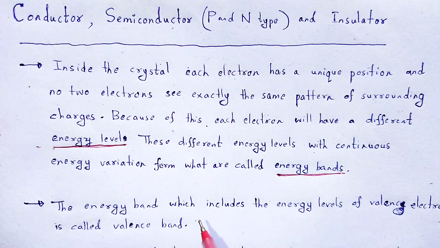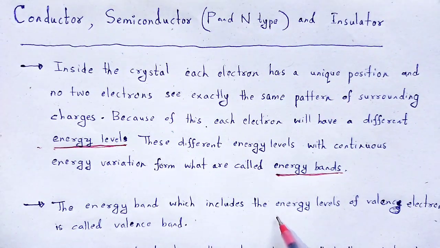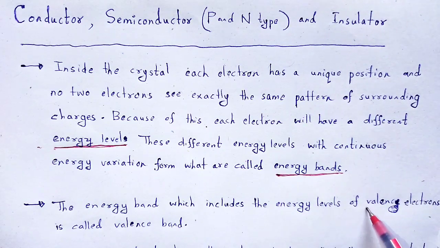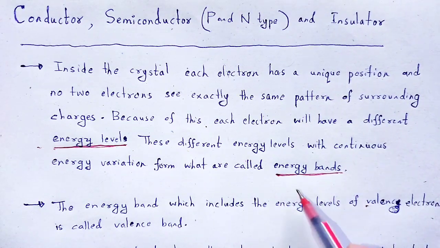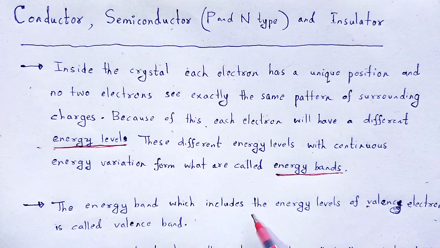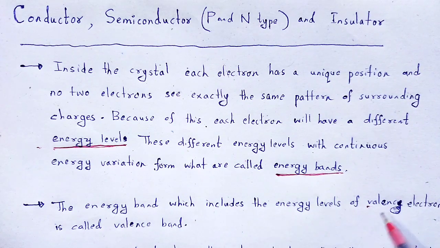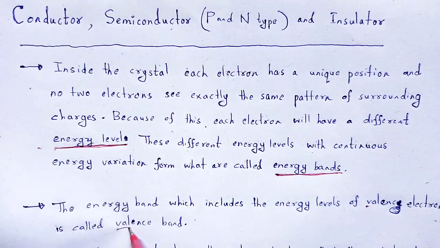The energy band which includes the energy levels of valency electrons is called the valency band, VB.